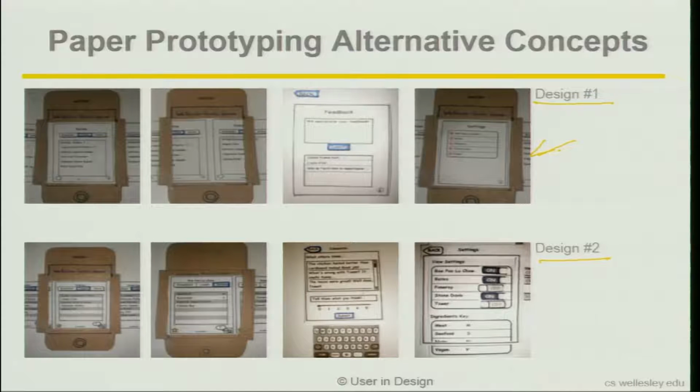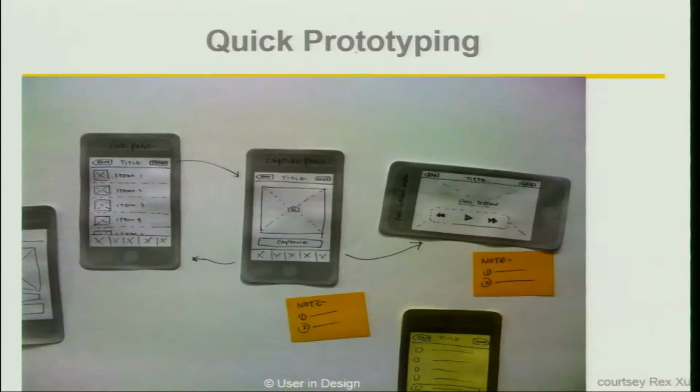So you can quickly evaluate 2 designs, and in this case it so happened that they got a lot more negative feedback about design 1, and then they started pursuing design 2. So it's very powerful for prototyping alternative concepts as well, right, that you can quickly do at less cost.